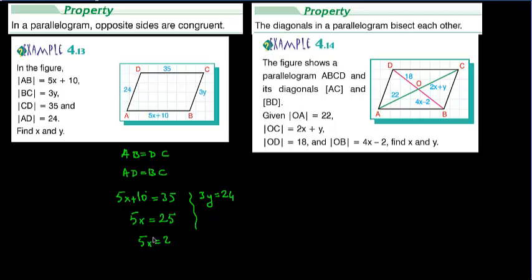Here I made a mistake. x is equal to 25 over 5, so x is equal to 5. And 3y is equal to 24, y is equal to 24 over 3, y is equal to 8.